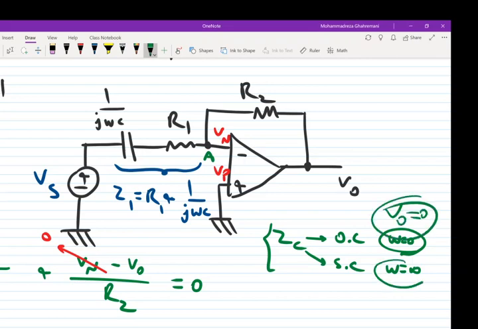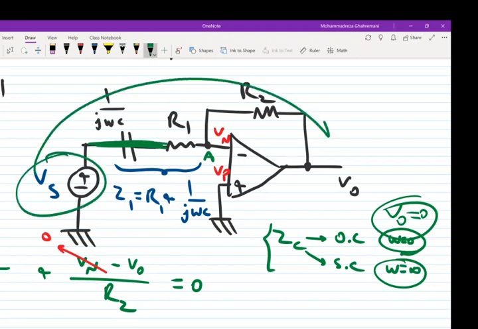Okay, what about a frequency of infinity? For infinite frequency, we know that the capacitor acts like a short circuit and there is a connection between input and output. So we have a signal at the output. So we have VO, which is not equal to 0.